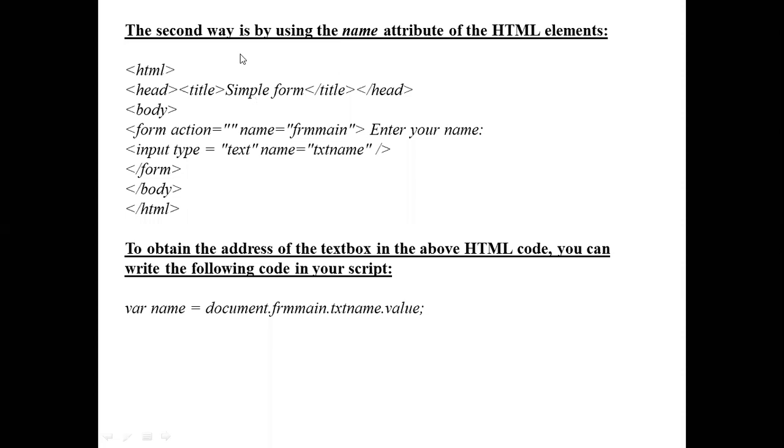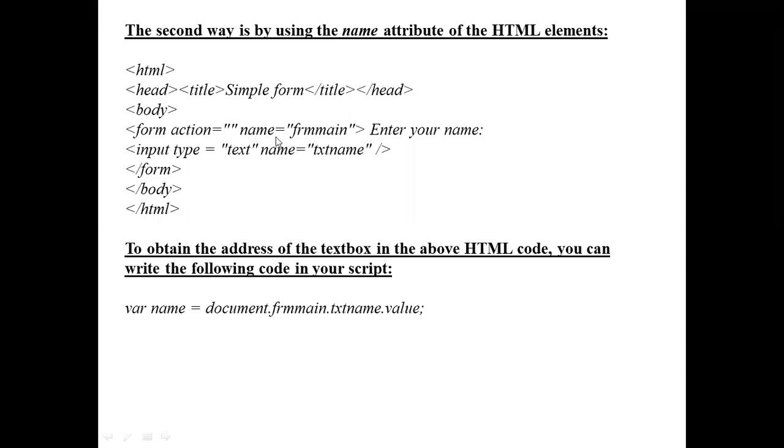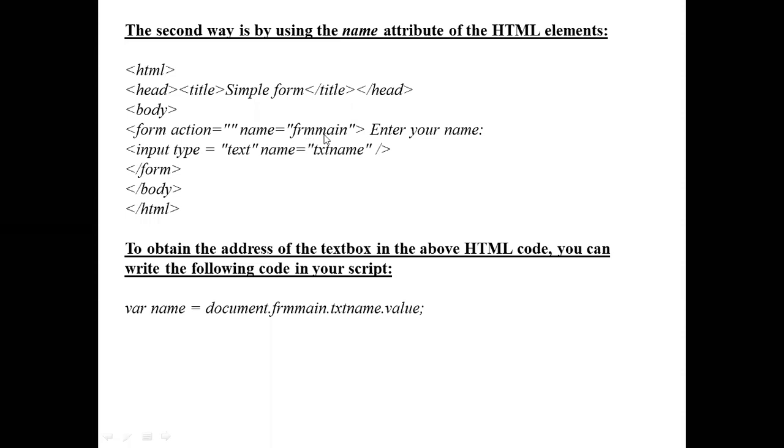See, form action equal to, name equal to frmMain. Here frmMain is the name of the form, and txtName is the name of this text box. So we are accessing the elements in the HTML from JavaScript using the name attribute.